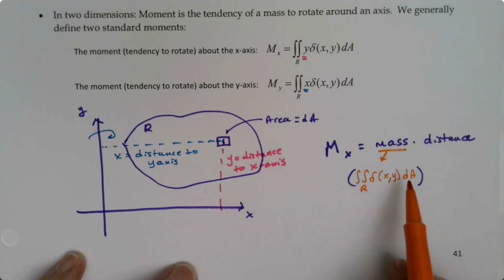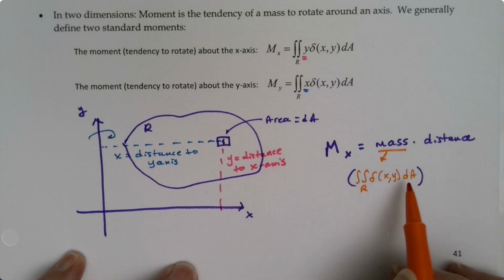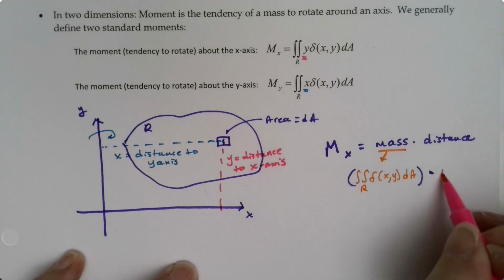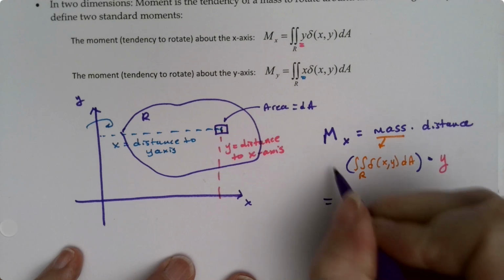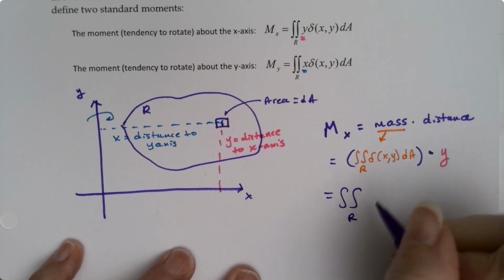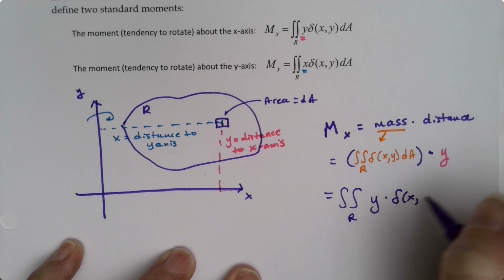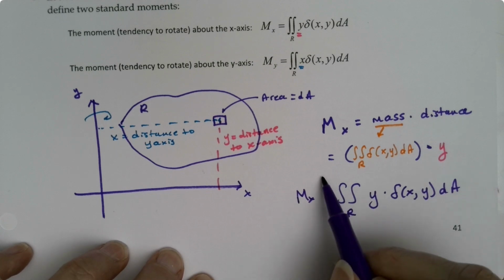So that would be your mass. When we integrate density, we find mass, times that distance, which was y. And then putting that all together, we have the formula written up above. You take the double integral over the region of y times your density function, dA. So this is mx now.